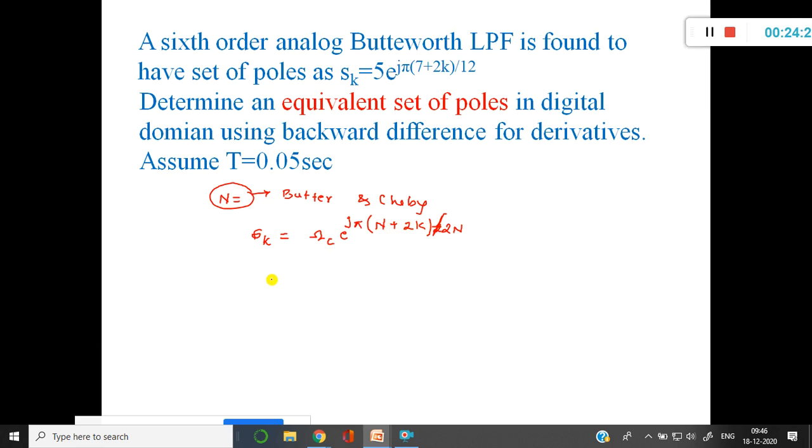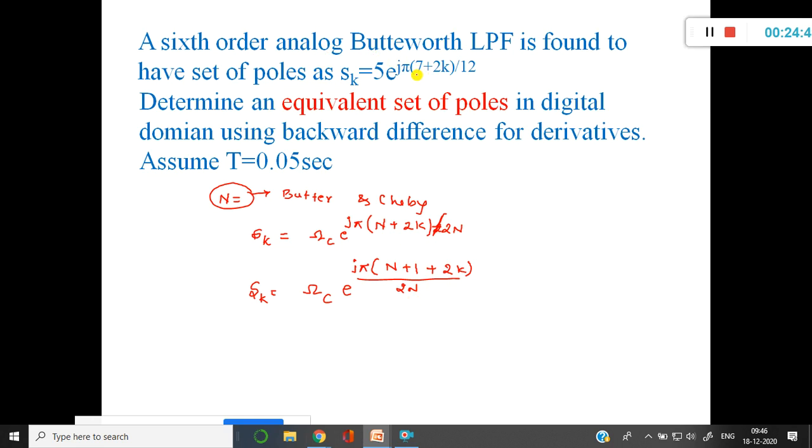I'm sorry, I forgot to write this. I rewrite this. This was the formula that we derived in the Butterworth equation, and it remains the same even for Chebyshev. This was the equation to find the poles, where omega c is the cutoff frequency.